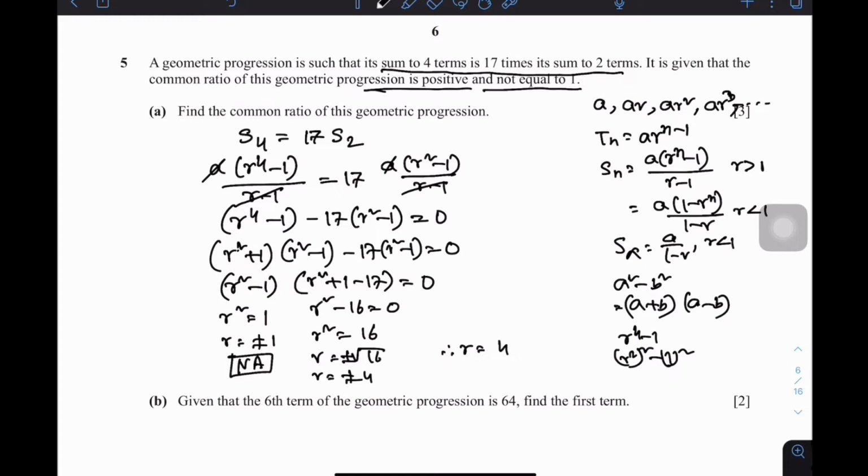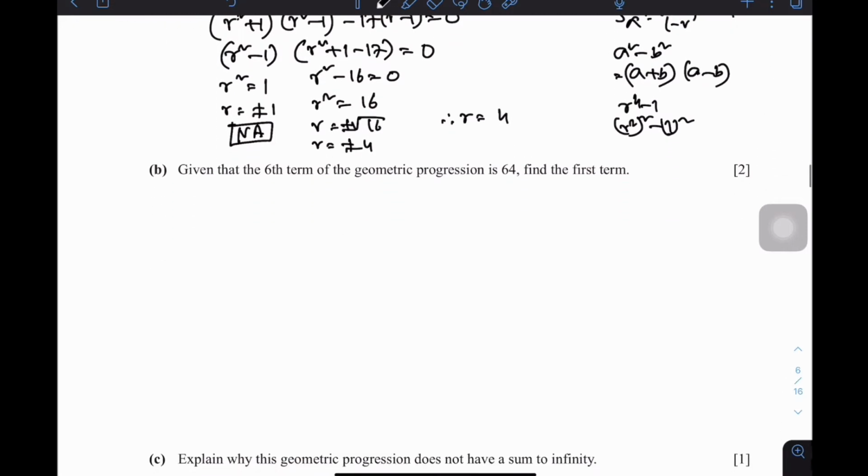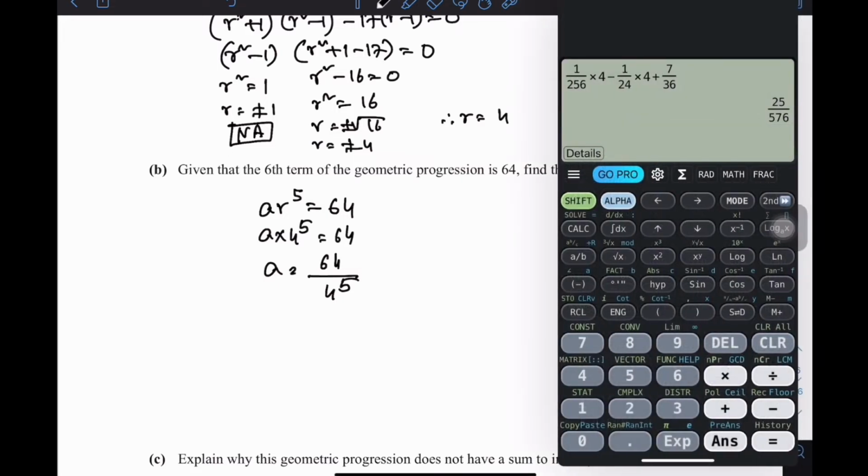So we can write sixth term is a r to the power 5 equals to 64, and r is substituted by 4, so a times 4 to the power 5 equals to 64. So we can write a equals 64 divided by 4 to the power 5. Let me use direct calculator.